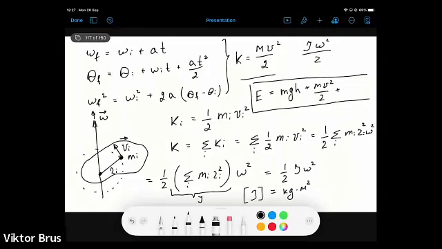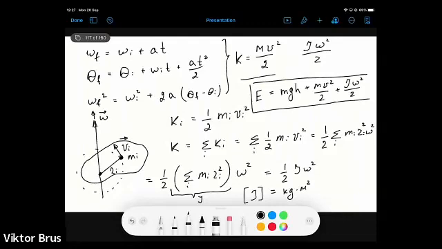In addition, if this body also rotates about some axis of rotation, we need to consider the contribution from this rotational motion to the total kinetic energy. It will be the moment of inertia with respect to this specific axis of rotation times omega squared divided by 2.